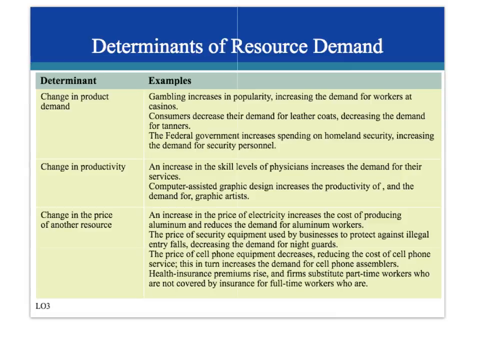They're substitutes. The price of cell phone equipment decreases, reducing the cost of cell phone service. And so this increases the demand for cell phone assemblers. So if cell phone equipment becomes cheaper, then more people would buy cell phones. Some economies of scale would be realized. And therefore, the demand for cell phone assemblers increases. Health insurance premiums rise, and firms substitute part-time workers who are not covered by insurance for full-time workers who are.